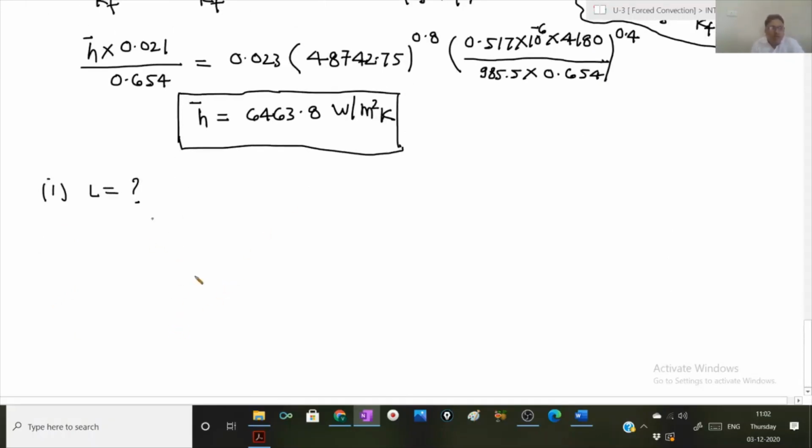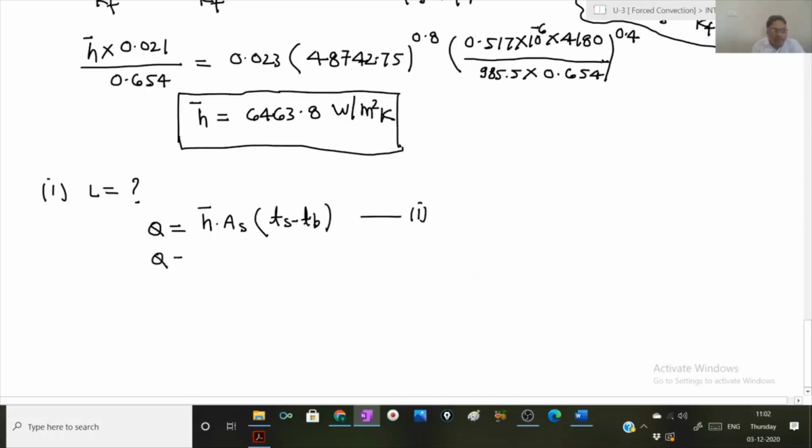Now before going into the detail of calculation, let us write down all the possible equations for heat transfer rate. So the very first is H bar As into Ts minus Tb. This is equation number 1.